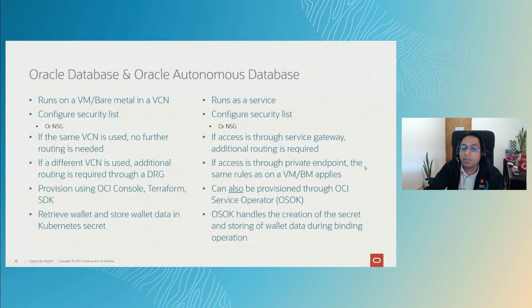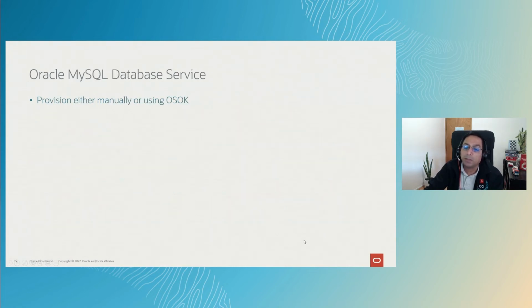Now, if you have provisioned your autonomous database through Terraform, the CLI, or the SDK, then you need to take the same manual step for the creation of this and storing of the wallet data in a secret.